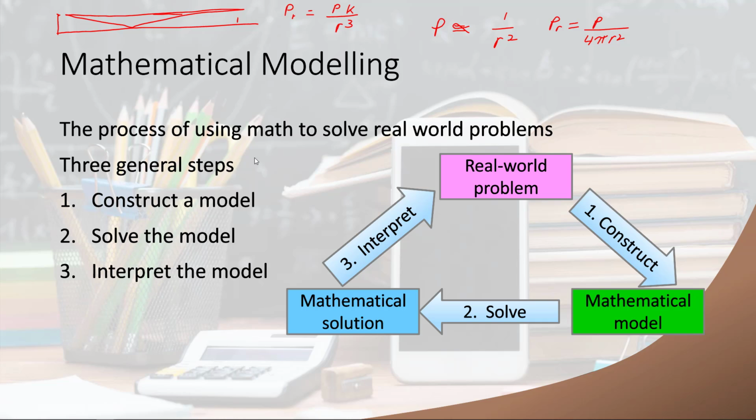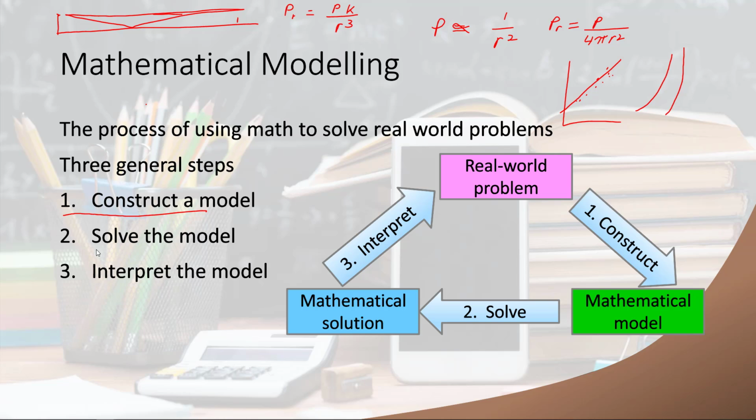Now, a lot of the models that you might be confronted with are models where we collect a whole bunch of data, we make scatter plots of that data, like this, and then from that data, we use regression to determine a line if the line is the best fit, or a parabola if a parabola is the best fit, or an exponential function if an exponential function is the best fit. But the basic idea behind this is that we construct a model, okay?